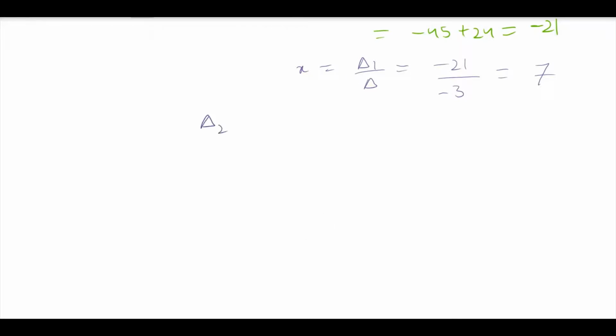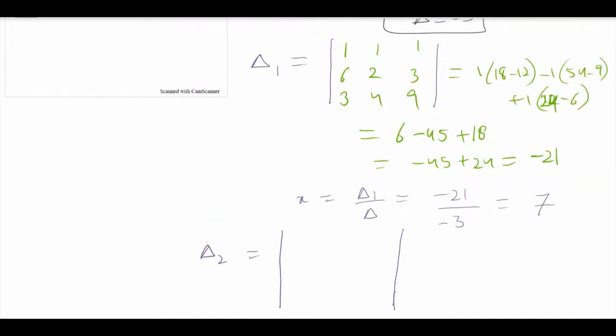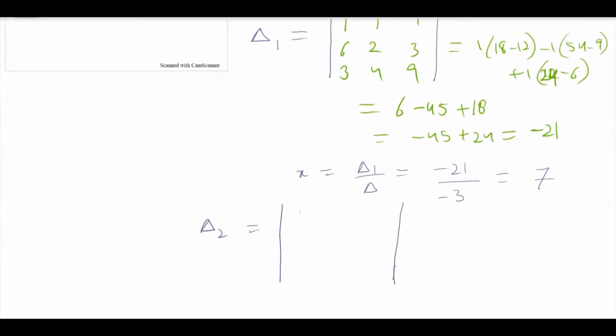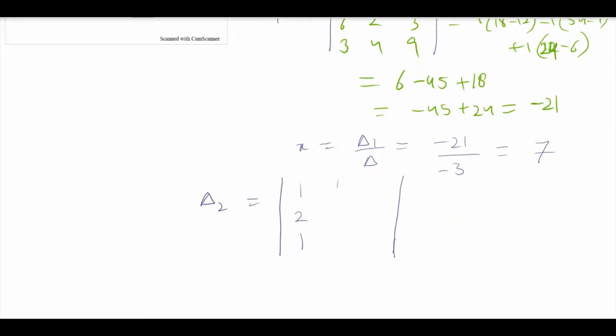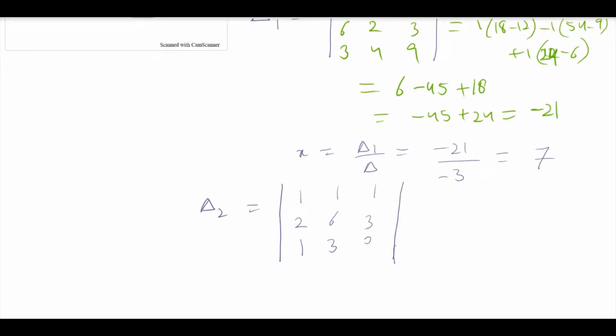Delta 2 will be equal to the determinant of matrix A, but this determinant is obtained by replacing the second column with the column matrix. I'll be getting 1 2 1, the second column is 1 6 3, and the third column is as it is, 1 3 9.